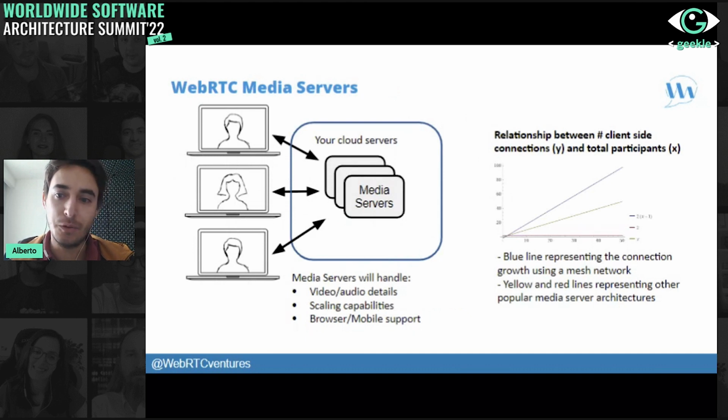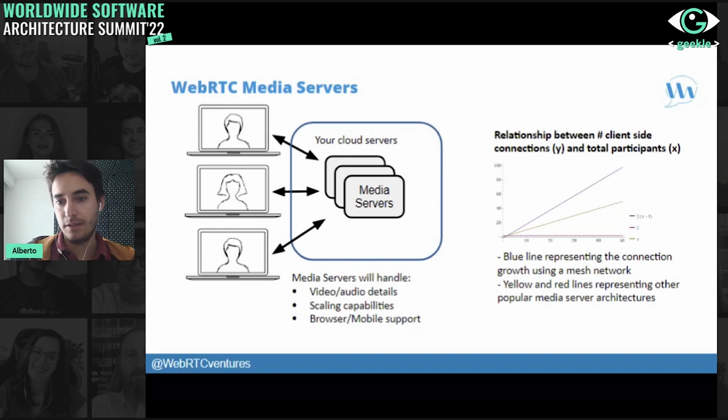So if we want to scale for larger groups of participants, we have something called WebRTC media servers, and we can scale them, so it's not necessary to have just one. We can have multiple of those, and at some point we can scale not only vertically but also horizontally, and I will get a bit more in depth about this in a few slides.